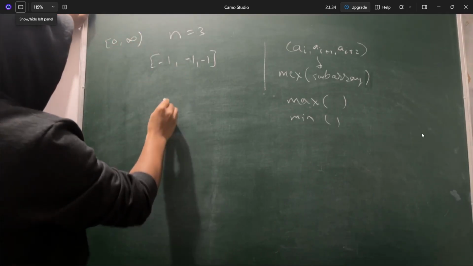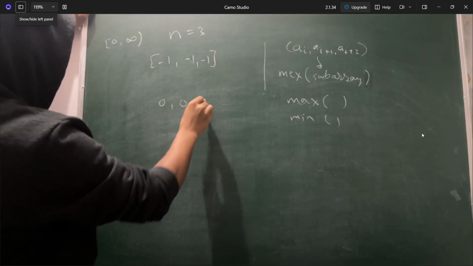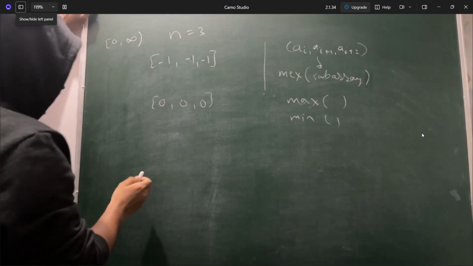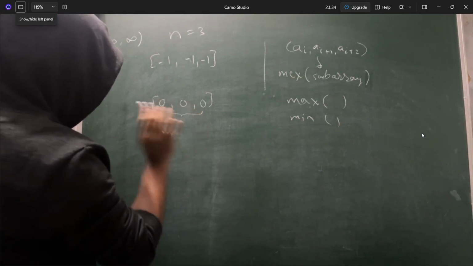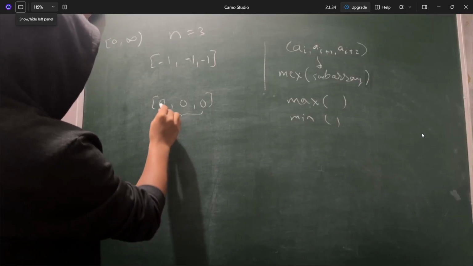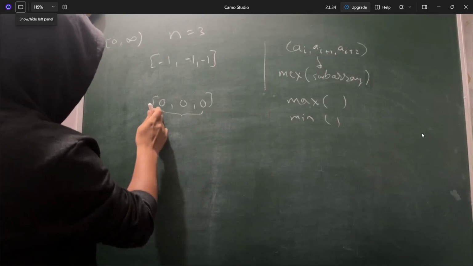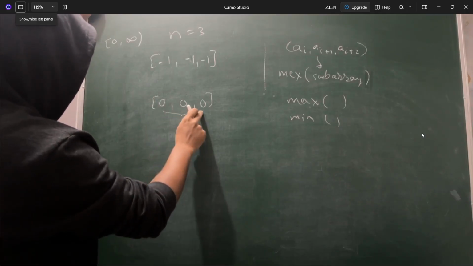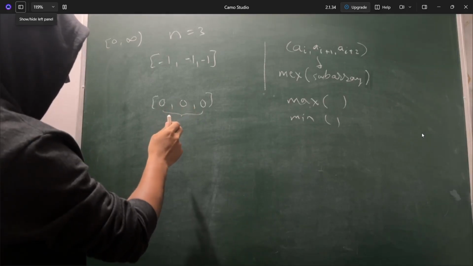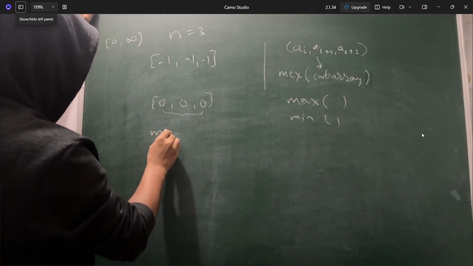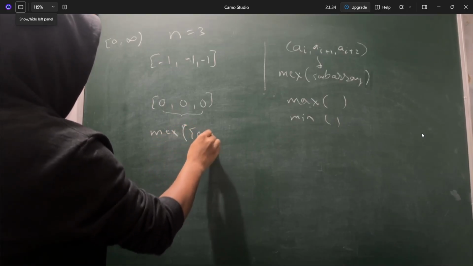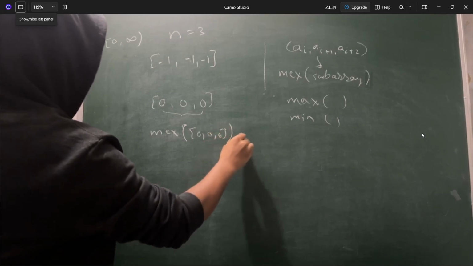Now let's try to put all zeros. If you put all zeros, the mex operation will be like this: it starts from 0, and 0 we have in the subarray. Next we take 1, which is not there, so the mex of the subarray 0, 0, 0 is basically 1.